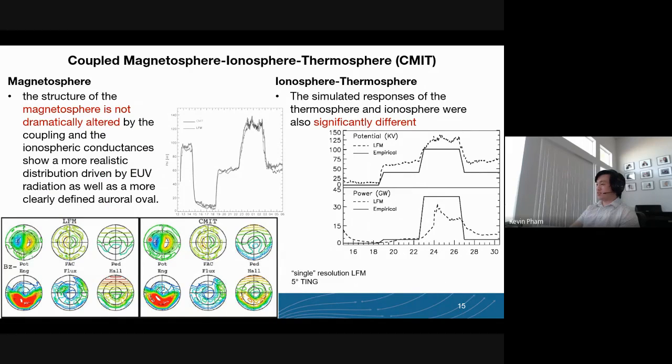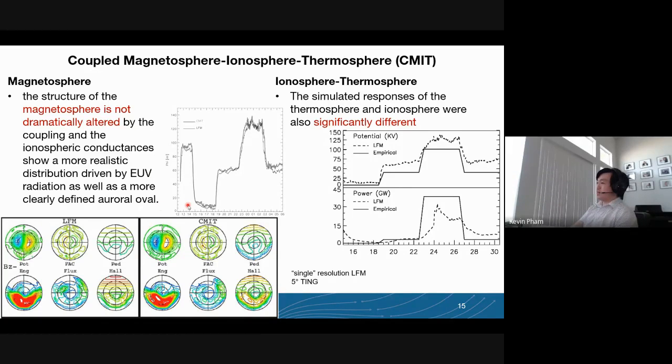This was state-of-the-art plotting routines back in 2004. You can see the Hall and Pedersen conductance here. It's just straight lines going across, and it looks drastically different from the CMIT or the TING-provided conductance values here. Although both the potential and field line current patterns didn't seem to change too much, the Pedersen and Hall conductance are quite different.